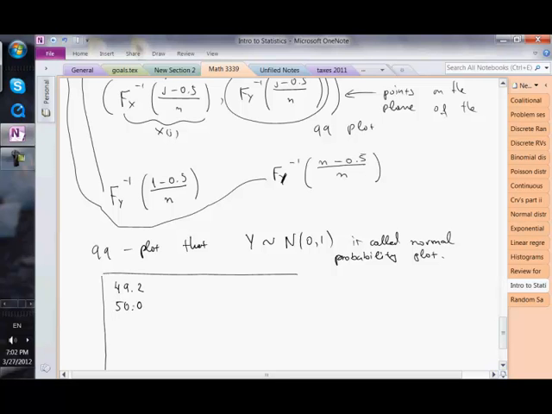I write them in ascending order. Suppose that we have those calculations. Let me write them in ascending order as they are.